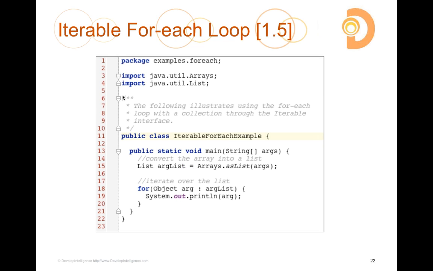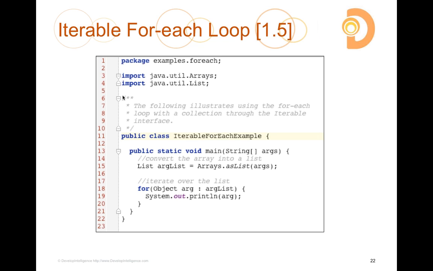So here's another example where I've got a list. On line 15, I convert the argument array into a list. And then on line 18, I iterate over the list. Behind the scenes, the iterator for that arg list is going to be retrieved automatically.